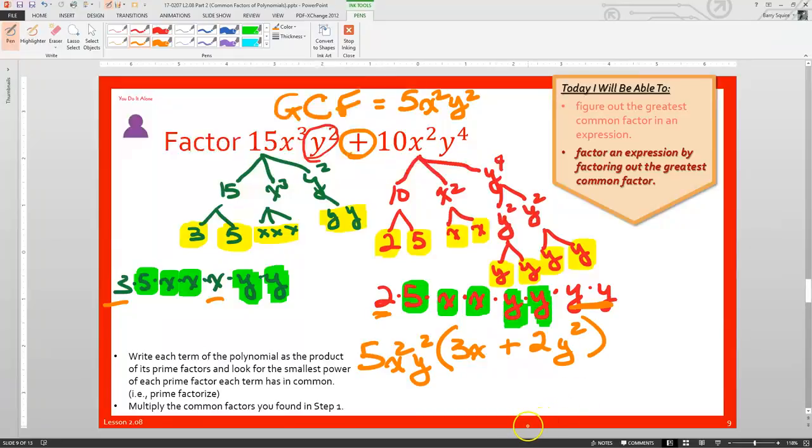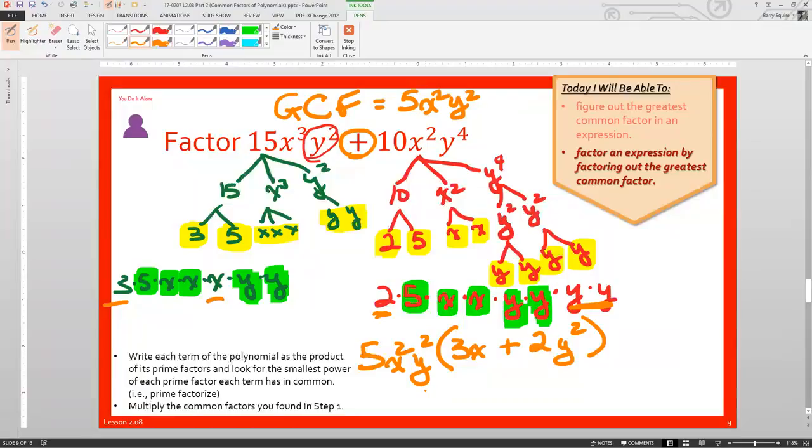And there we have it. We have just factored that binomial. Now we have a monomial times a binomial. So it's pretty straightforward. And notice I've done the same thing time after time. The pattern doesn't change.